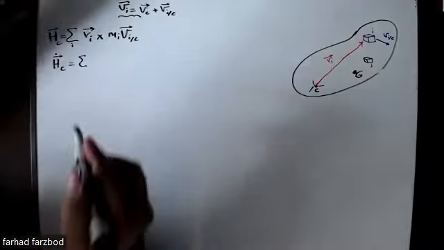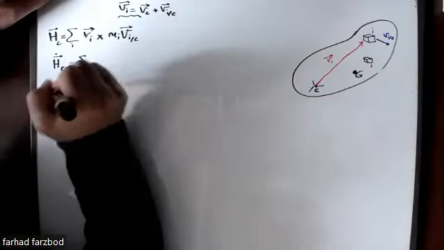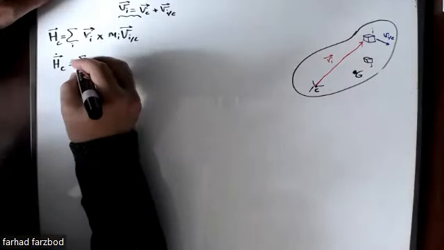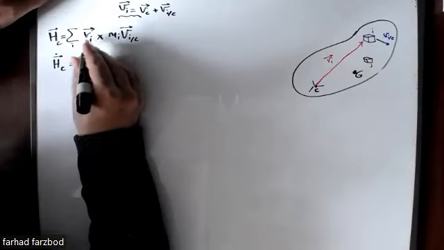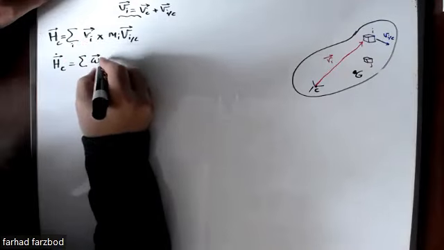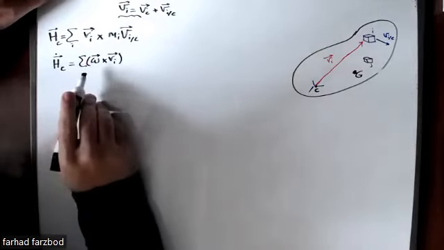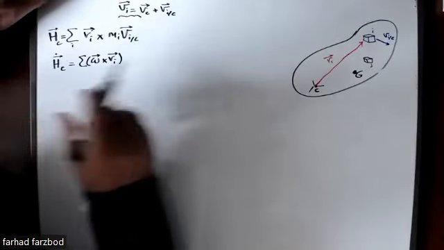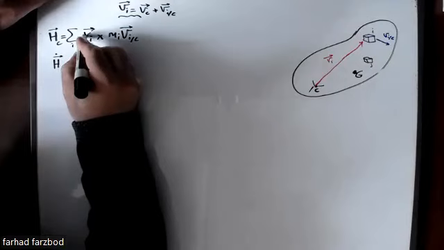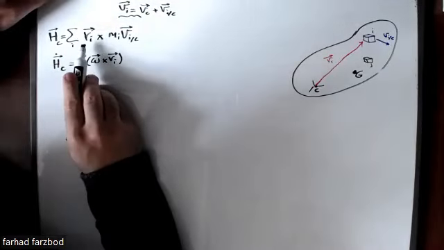So it would be the derivative of this cross this, and the derivative of this is omega cross Ri. There is another video that explained that, but for now, think about it this way.